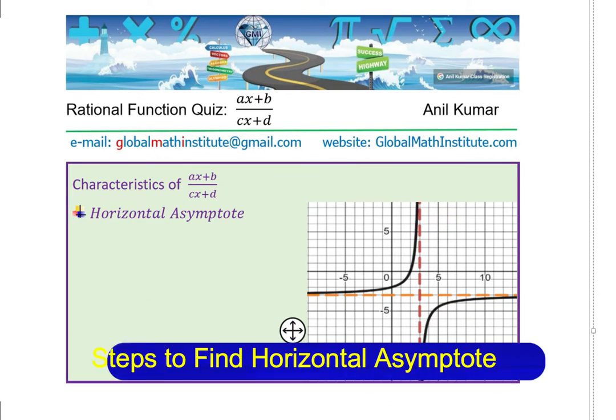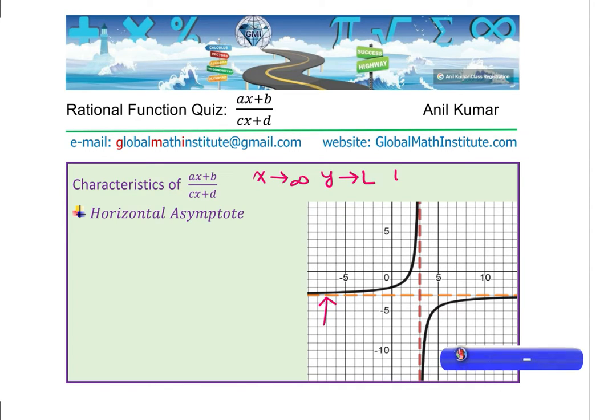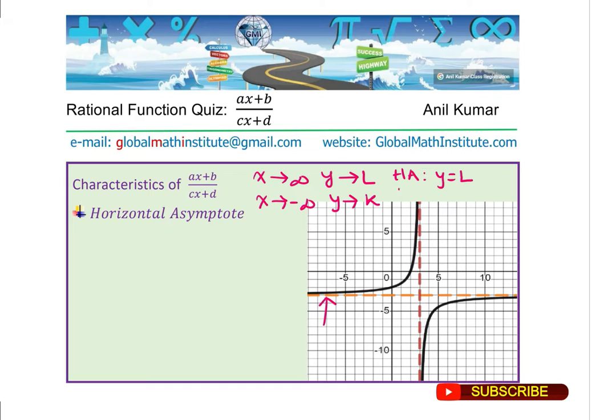Now let's look for the horizontal asymptote. Now the horizontal asymptote in this particular case is this particular line, which is y equals some value which the graph approaches. So we define this as: if x approaches positive infinity and y approaches a value L, in that case the horizontal asymptote will be y equals L. Also, if x approaches minus infinity and y approaches some other value, let's say k, then the horizontal asymptote will be y equals k.